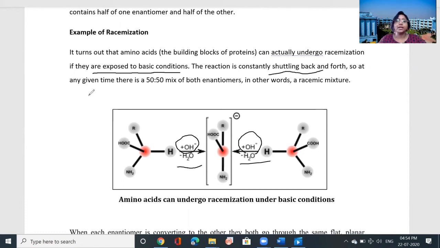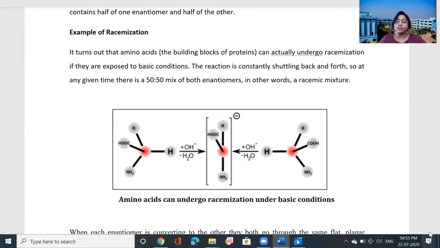So at any given time, there is a 50-50 mix of both enantiomers. In other words, they are the racemic mixture. Okay, so in the product, if we get 50-50, both isomers will remain in equal percentage, then this is called a racemic mixture.